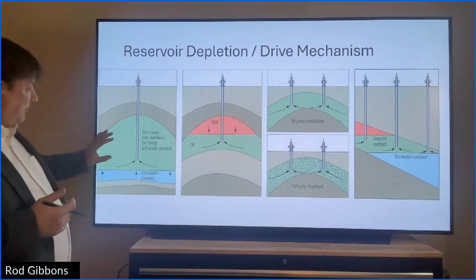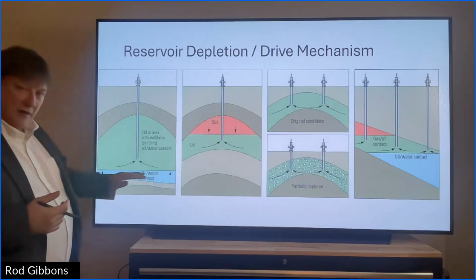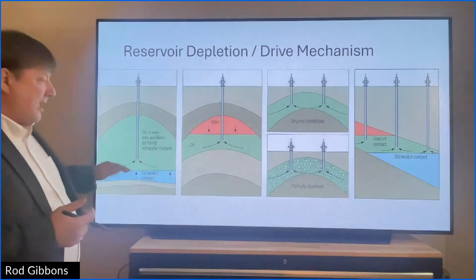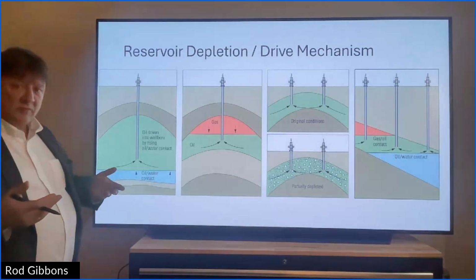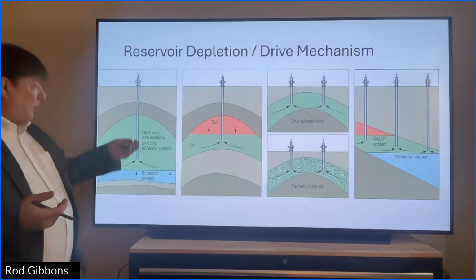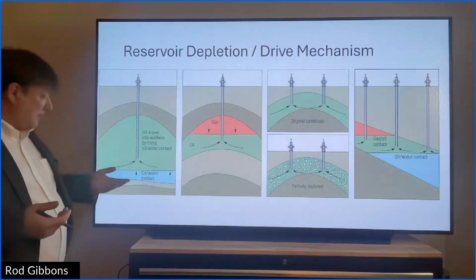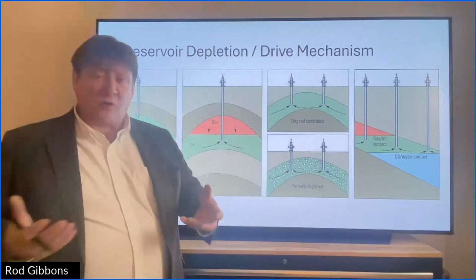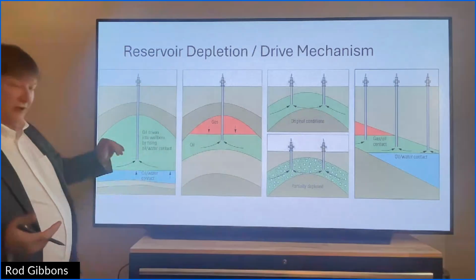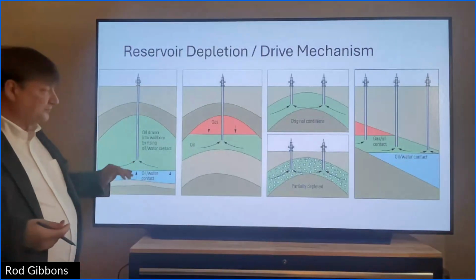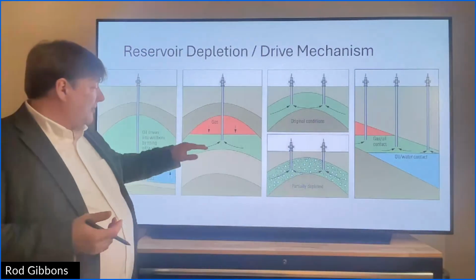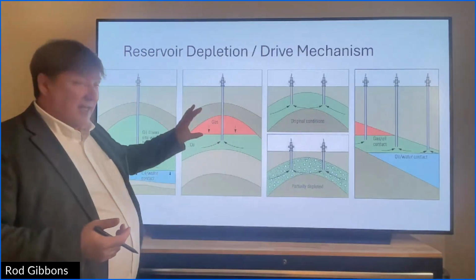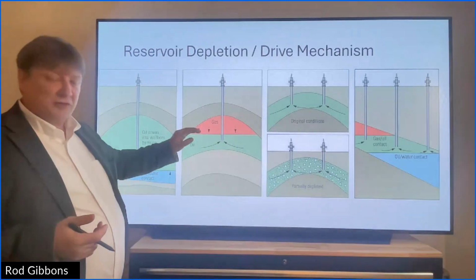You have oil, sometimes you have water underneath or gas above. As oil is produced out of the well, a very strong aquifer, a strong water drive, will push the oil up into the well. Other times you can have a gas cap, and as the oil is produced out, the gas expands and provides pressure support.